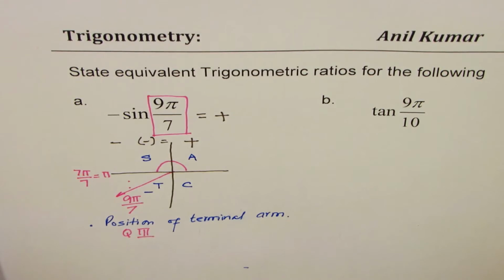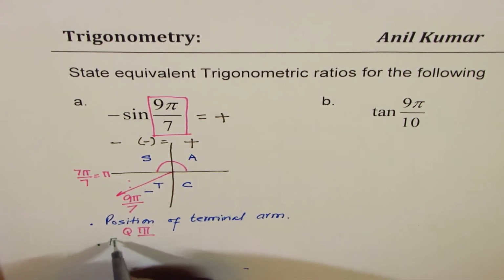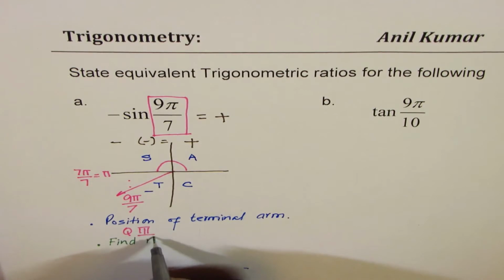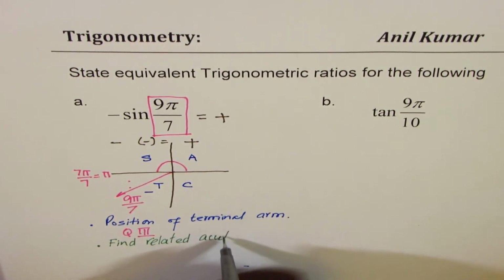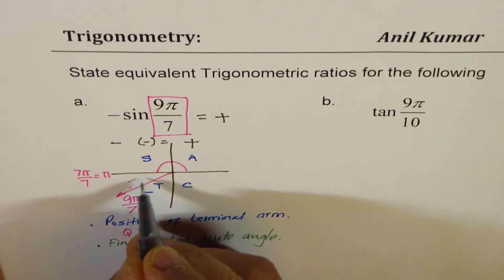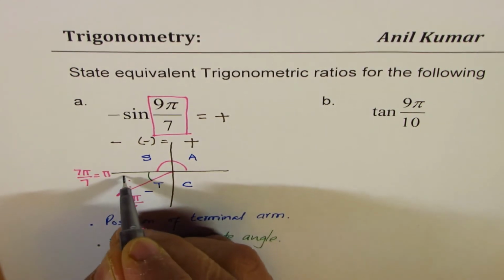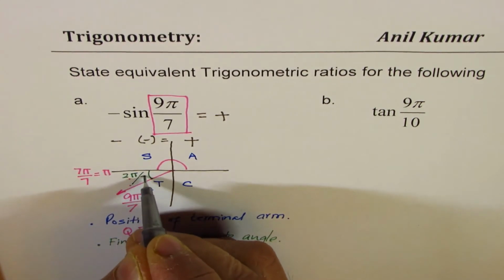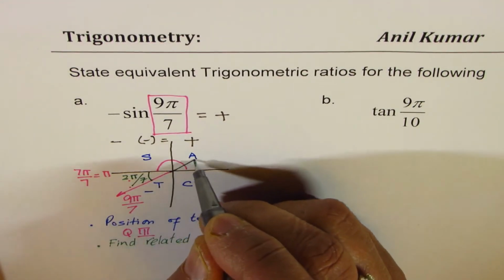And the second step is to find the related acute angle. Perfect. Now, here we have 7 pi and then 9 pi. That means this angle is 2 pi by 7. Do you see that? 2 pi by 7 is your related acute angle.